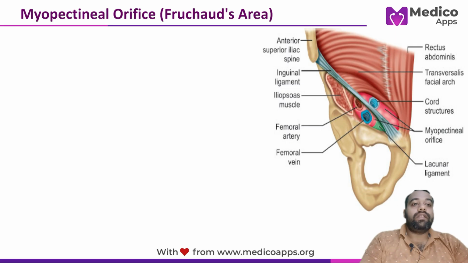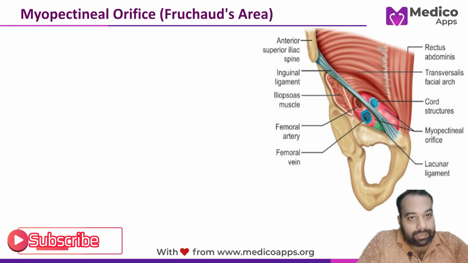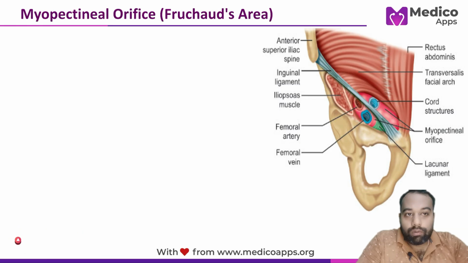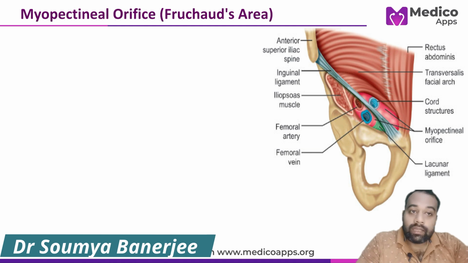So first of all, what is a myopectineal orifice? This myopectineal orifice is a weak area situated somewhere in the lower abdomen. From this weak area, the direct inguinal hernia, indirect inguinal hernia and the femoral hernia, all three hernias, basically come through.